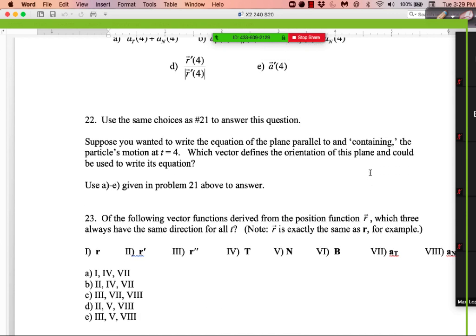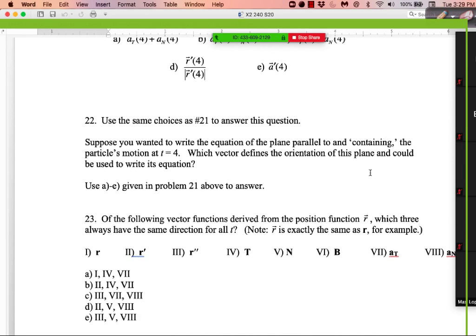What three always have the same direction? The direction here is the tangent direction. So r prime will be in the direction of the tangent, T will be in the direction of the tangent, and a_T will be in the direction of the tangent. Those are all pointing in the direction of the curve.